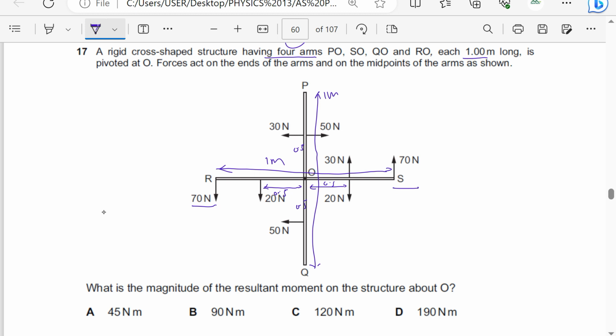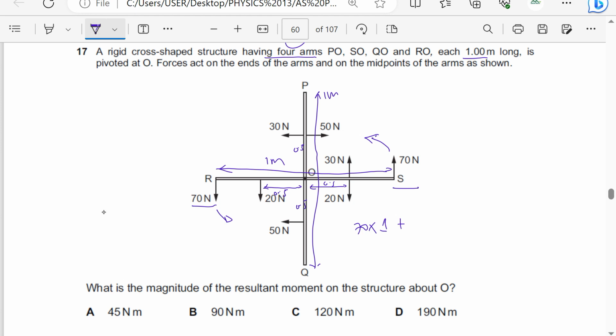So I'm going to start with the torques, those ones which are constituting it. Moments due to couples: 70 and 70 is a couple, and it is causing anticlockwise moment. So I will say 70 times the perpendicular distance between them, that is 1. Plus, let me check if there's any other causing anticlockwise moment. I don't see any other couple. But I can see single forces causing anticlockwise moments.